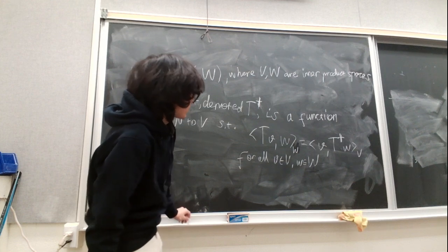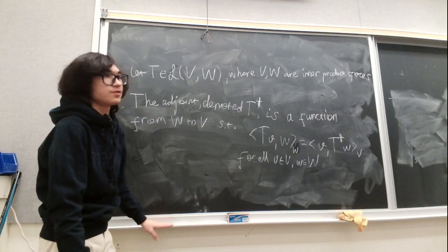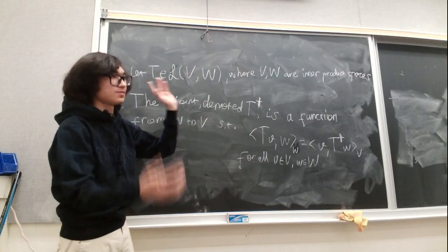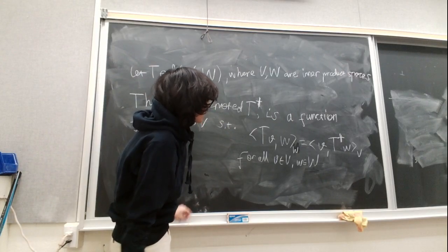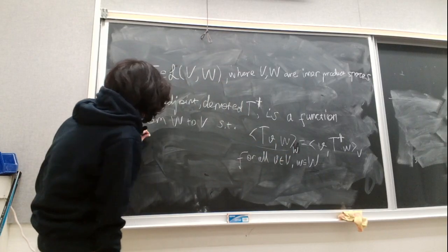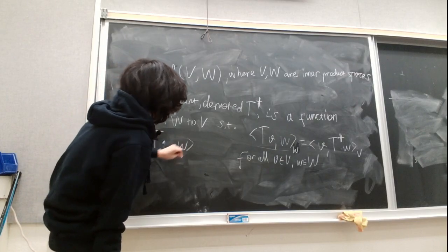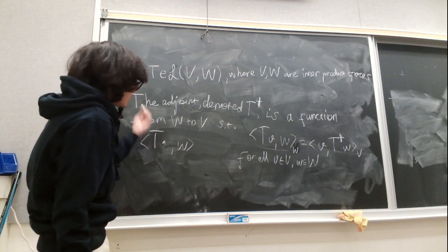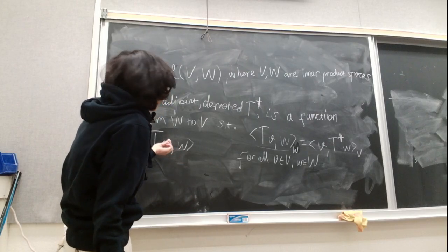So the adjoint. Why does this definition make sense? It is because of the theorem that we just proved. If we think of the inner product of Tv with w, this is a linear functional. It takes a vector in V and gives you a number in the field.